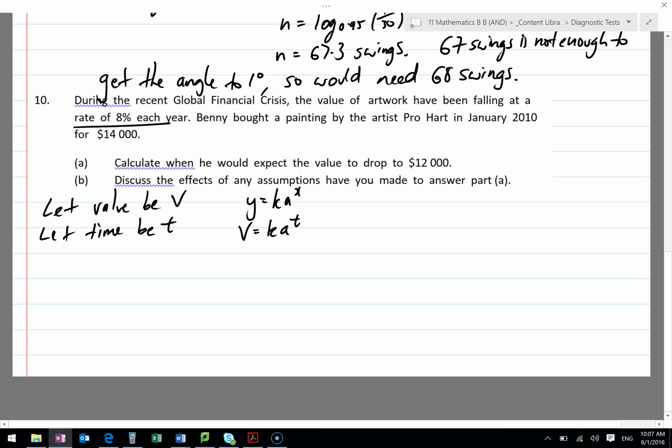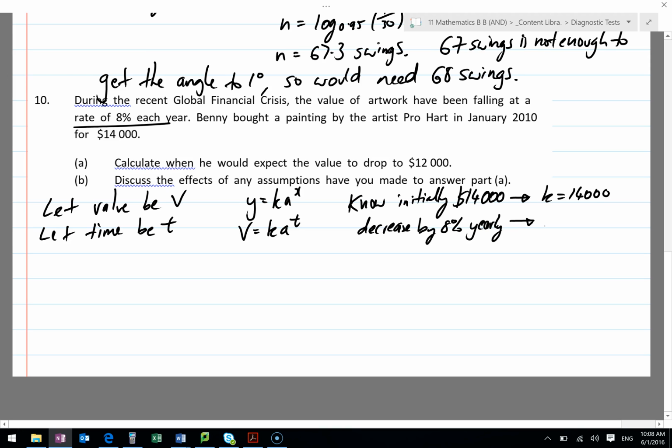Okay, need to find what k and a are. K is the initial value. So we know initially 14,000. So that tells me that k is 14,000. And it's falling or decreasing by 8% yearly.